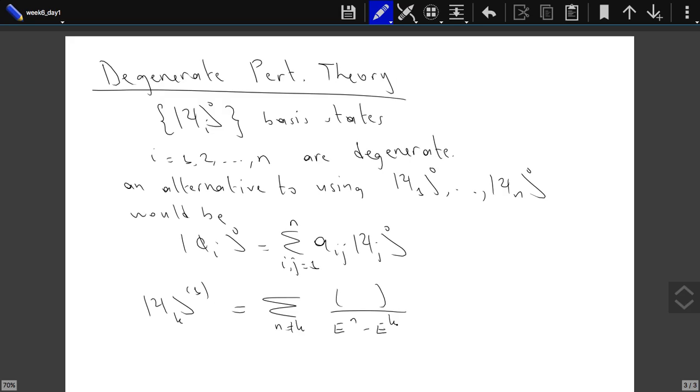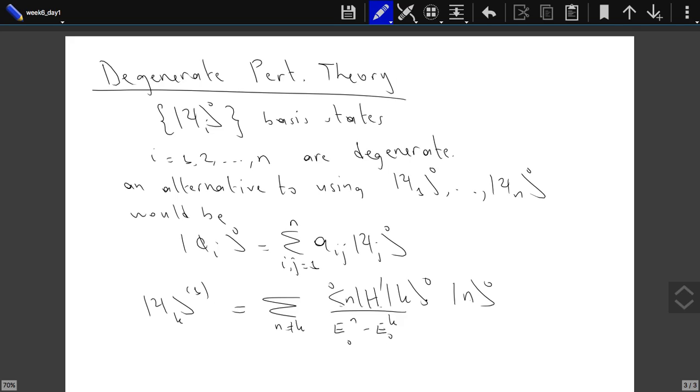Perturbation theory tells me that I can use it only if corrections are small. Now, in the numerator we have this factor, and we have this problem if the numerator is non-zero in the basis that we use for degenerate states.